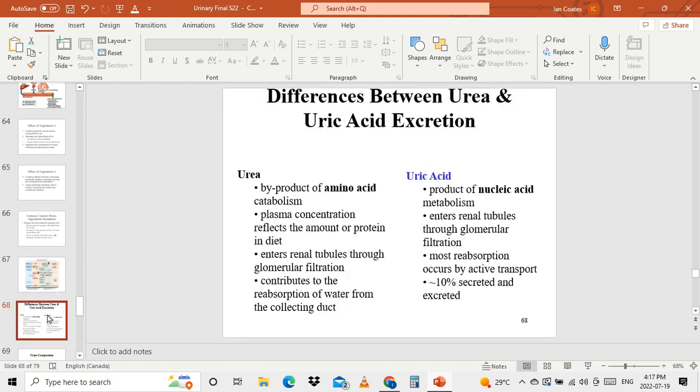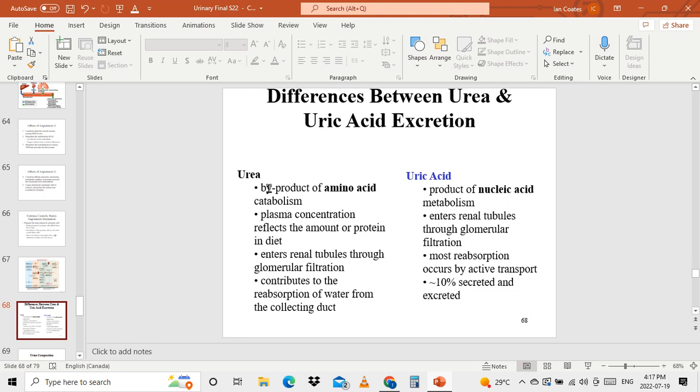Don't lose it. Differences between urea and uric acid. Urea is a byproduct of amino acid catabolism, breaking down. Plasma concentration reflects the amount of protein in diet. Urea enters the renal tubules through the glomerular filtration and contributes to the reabsorption of water from the collecting ducts. Uric acid, though, is a little different.